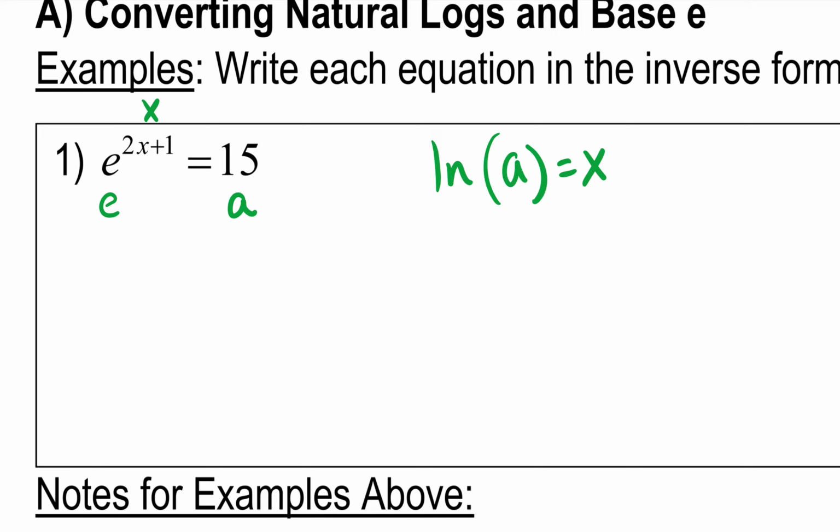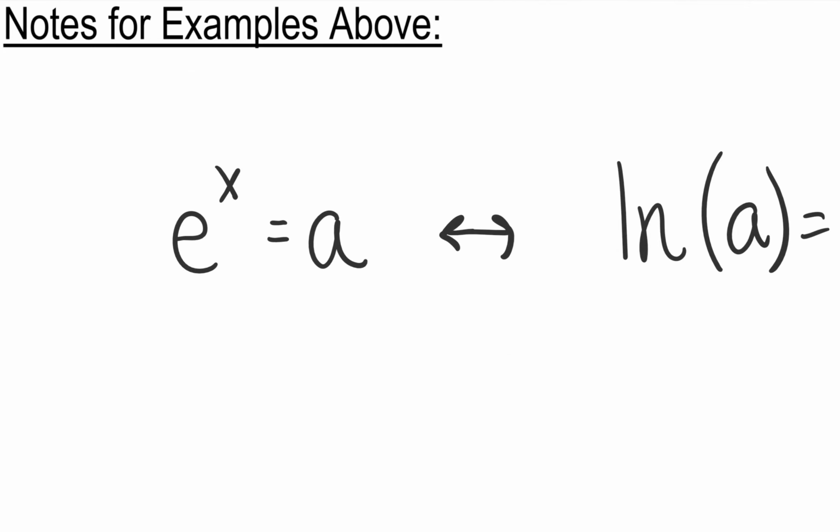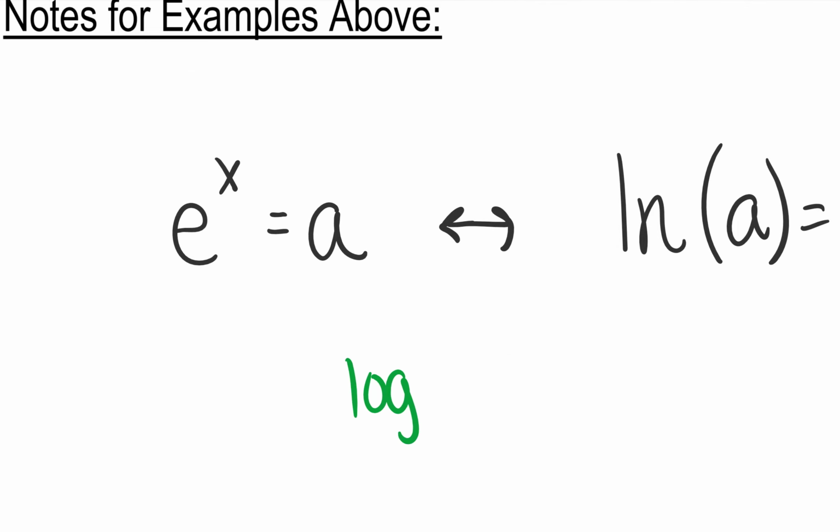If my base is E, I write natural log, because you could, if you really wanted to, write log E of some number, but no one does that, right? No one writes log E. That's why they came up with a natural log.